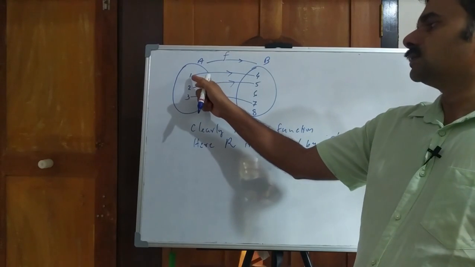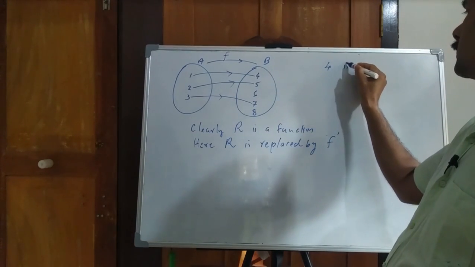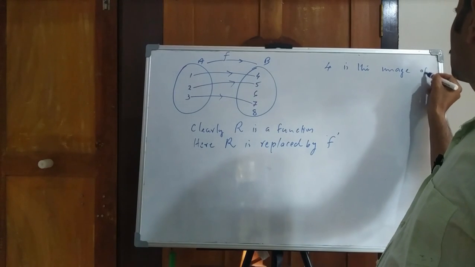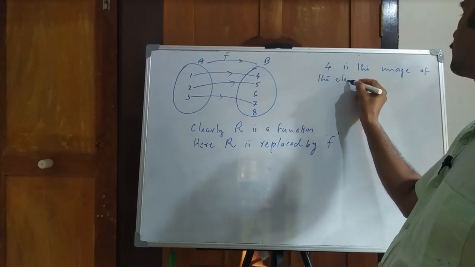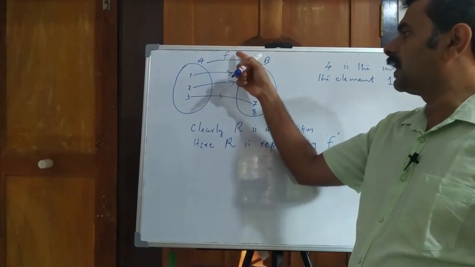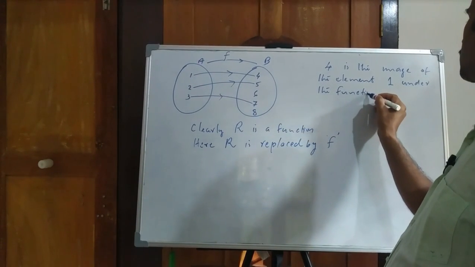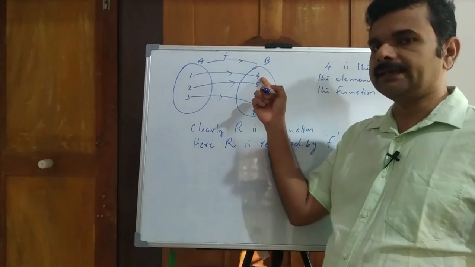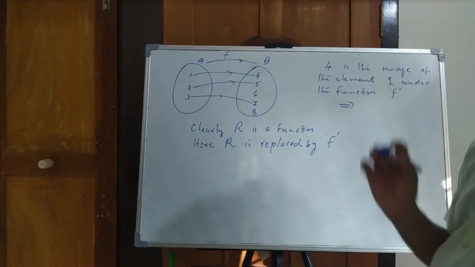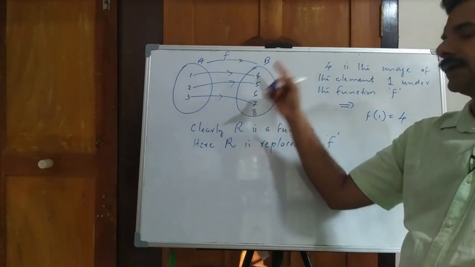Then 4 is the image of this one under the function F. 4 is the image of the element 1 under F, and it is denoted by F of 1 equal to 4.